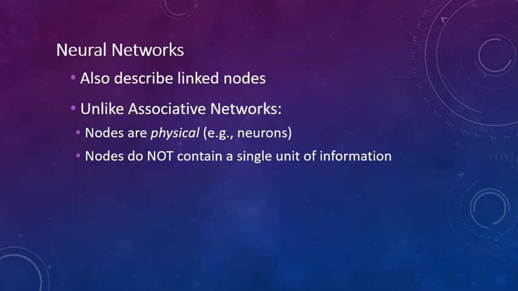The neural network is an increasingly popular model, so this is what we use a lot today. If you really like this topic and you're using it for assignment 2, then most of the papers you'll be reading would talk about neural networks instead of associative networks.